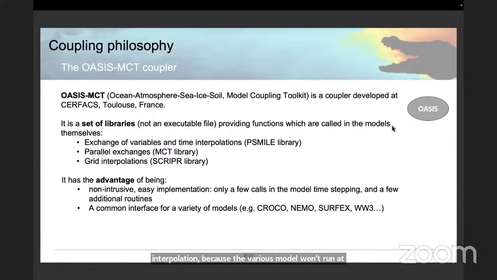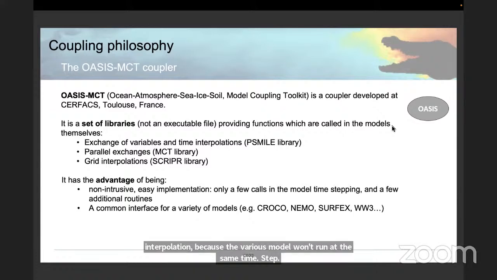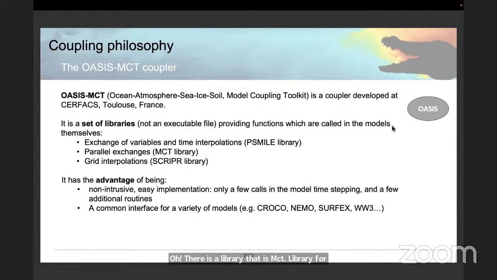There is the MCT library for parallel exchanges, so for performance of this coupling interface. And there is the SCRIP library, which is for grid interpolation, because we don't always have the same grids for the various models, obviously.